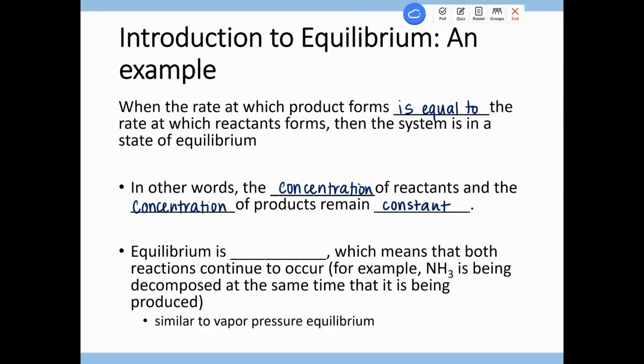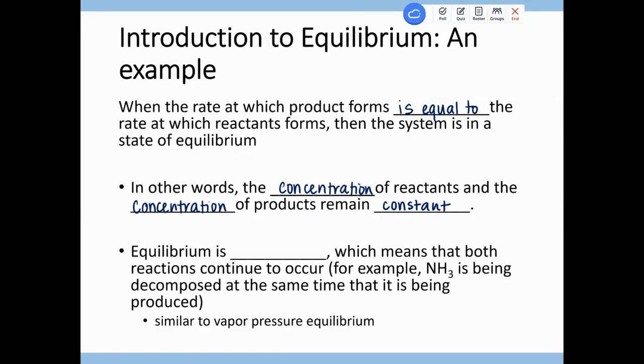At equilibrium, a reaction has reached a state where the rate of the products being formed equals the rate of the reactants being formed. That rate remains constant. So overall, the concentration of products remains constant, and the concentration of reactants remains constant.